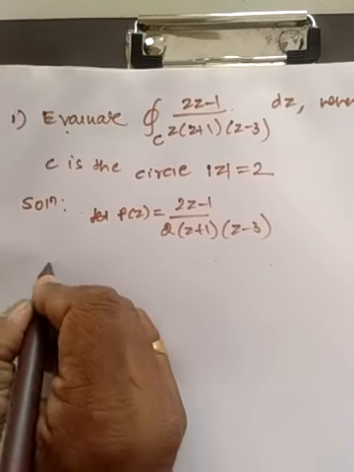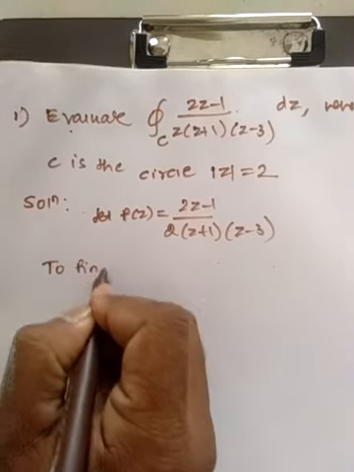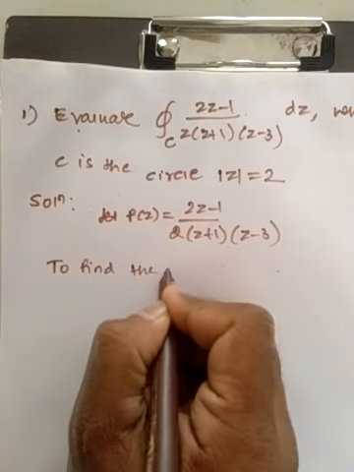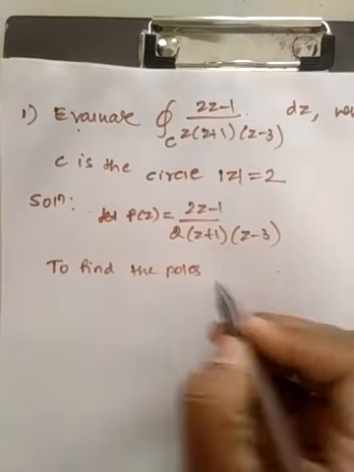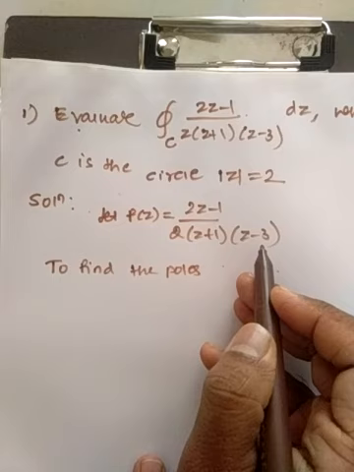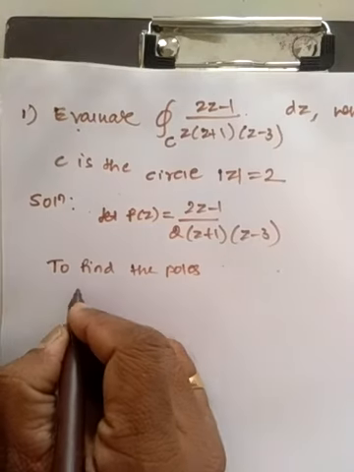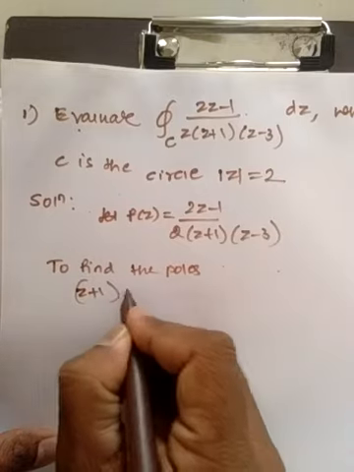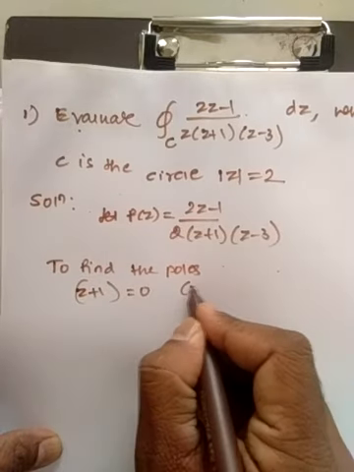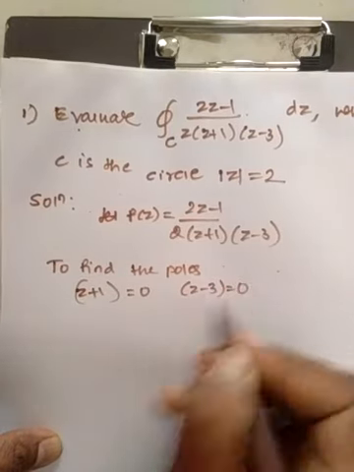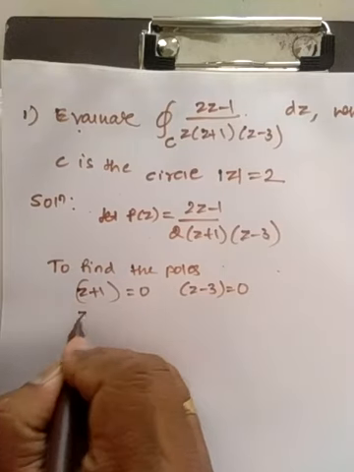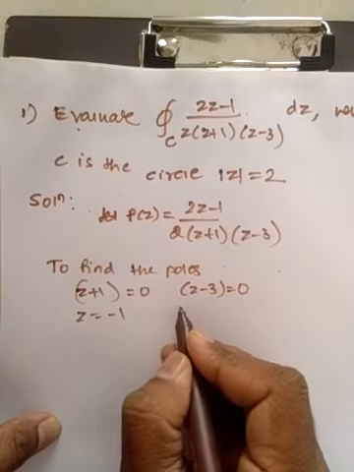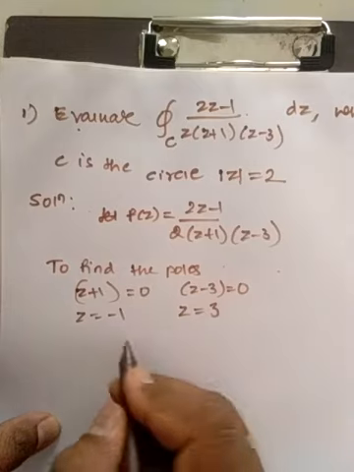To find the poles, we equate the denominator to 0. So z plus 1 equal to 0 and z minus 3 is also equal to 0. This means z is minus 1 and z is also 3.